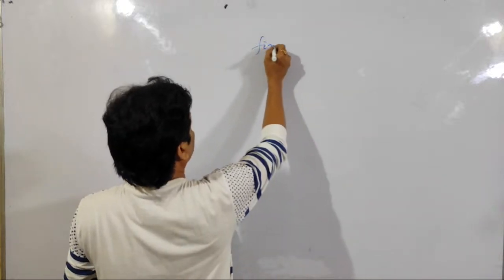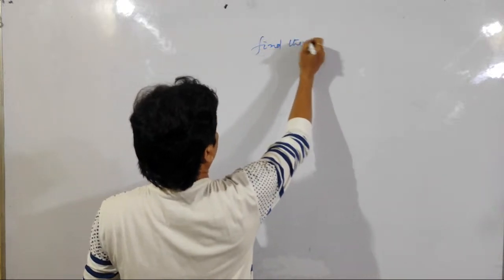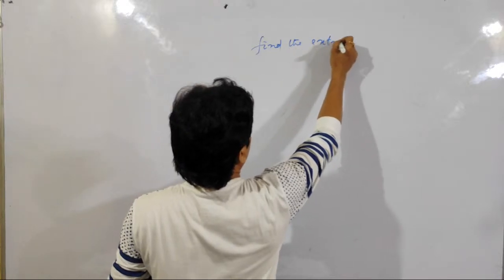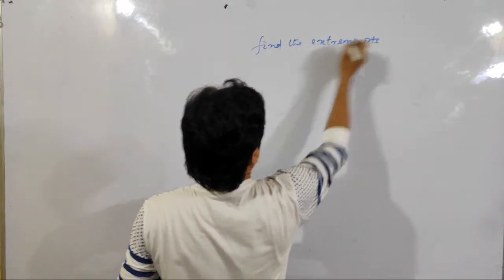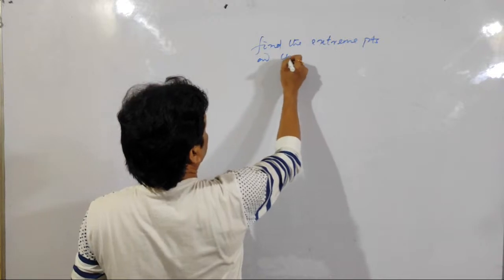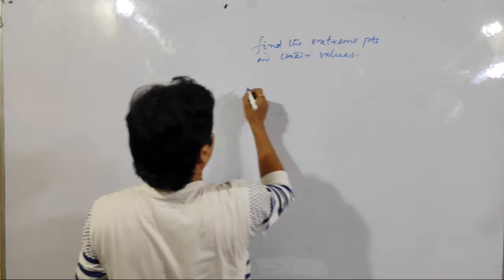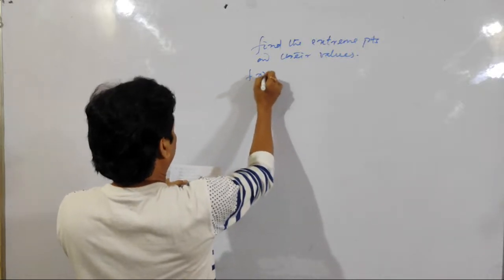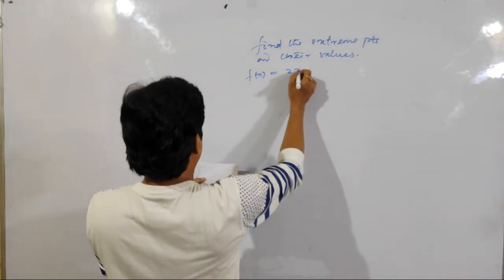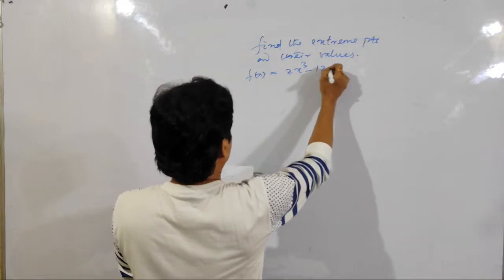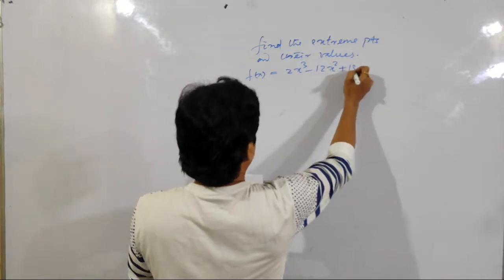Find the extreme points and their values. F of x is equal to, how to find out? See here, 2x cube minus 12x square plus 18x.